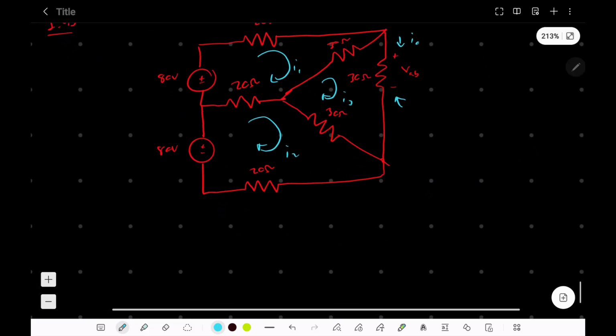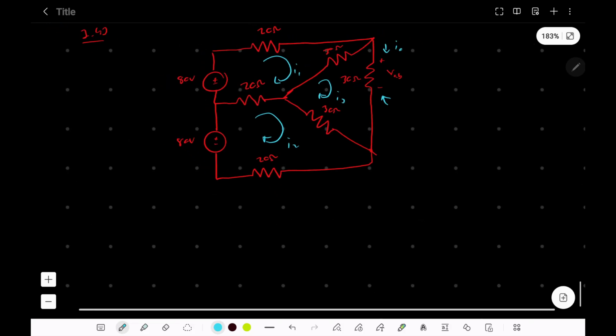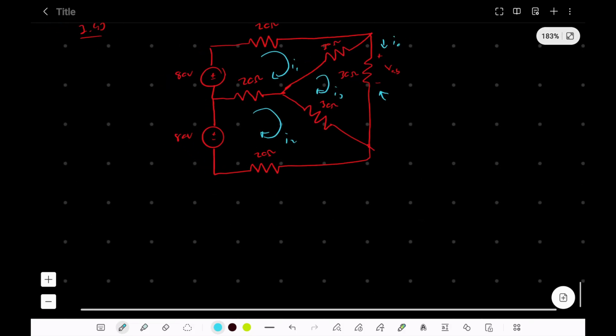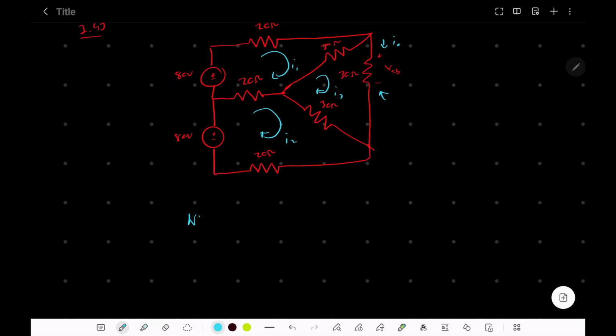Okay, with that in mind, now let's just write out the KVL equations, the Kirchhoff voltage law. So we've got 80 volts gain across this since we're going up, and then we've got a voltage drop across this one since the current is flowing from left to right.